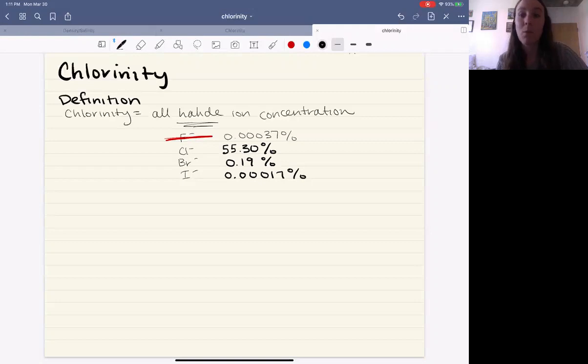Now, why might we care about this? Concentration of halides is important to be able to measure. If we just look at chloride itself, one important application in biology is osmosis. Concentrations of chloride is important for regulating cell size with osmosis.